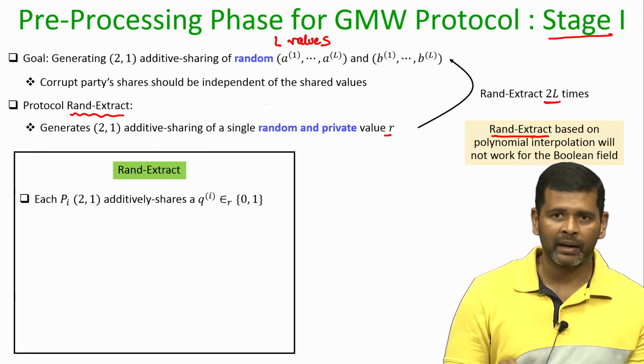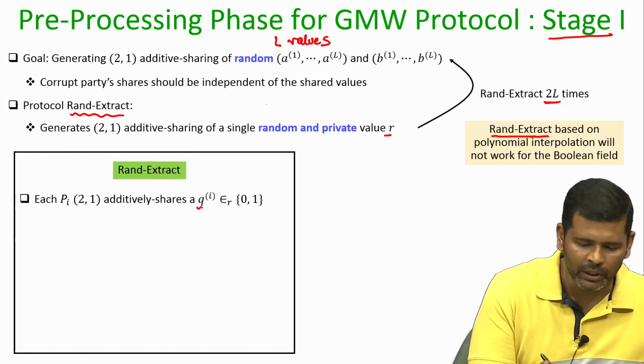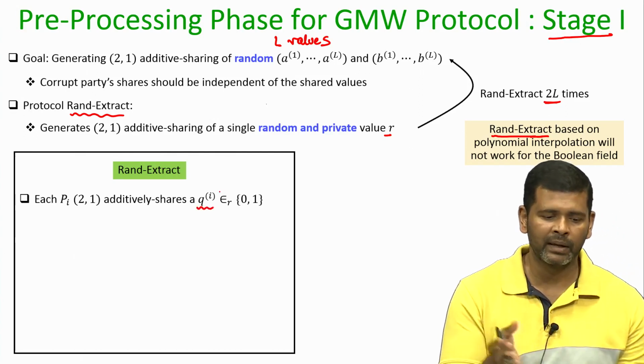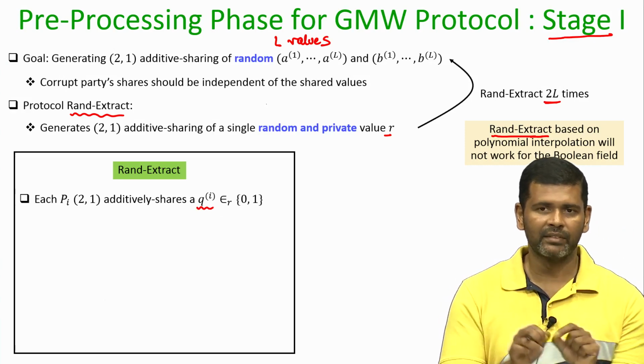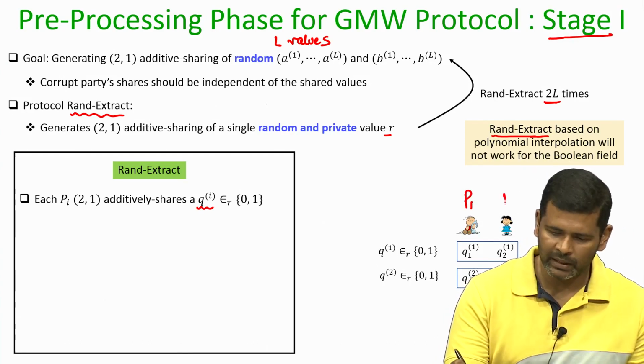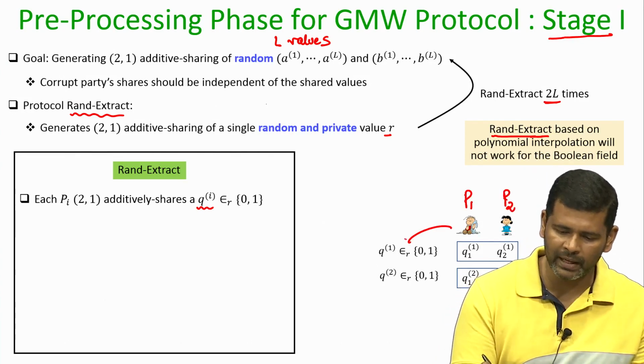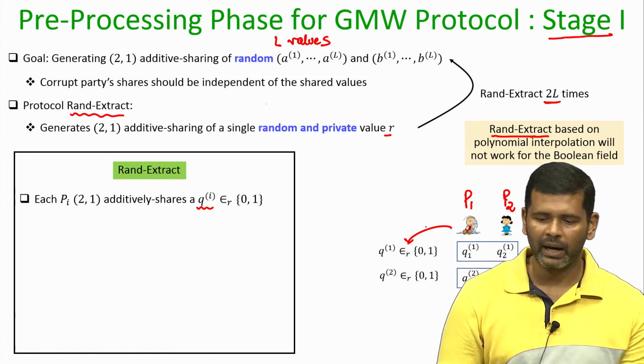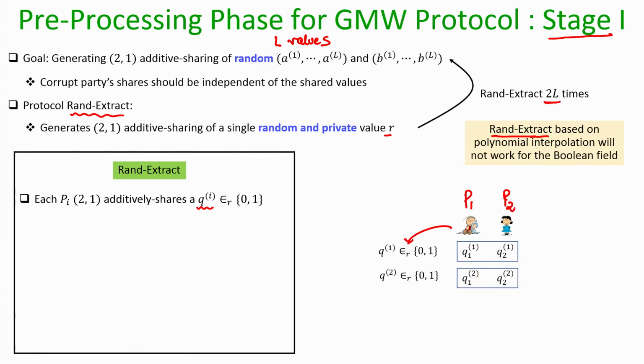So, each party Pi here will pick a random value Qi, which is going to be a bit, because now we are considering the Boolean ring, and it will secret share it among the two parties. So, P1 picks the bit Q1, and it secret shares it into two random bits, that means it picks two random shares Q11, Q12, such that their XOR gives the value Q1, and it acts as the dealer and gives the second share to the second party.